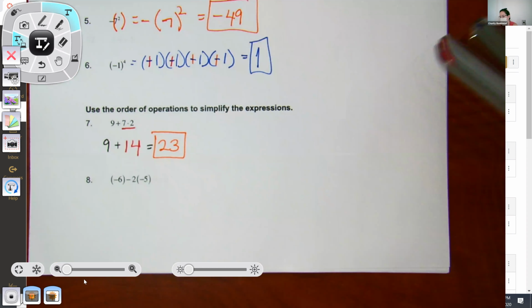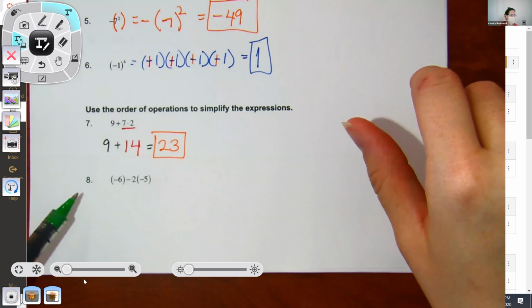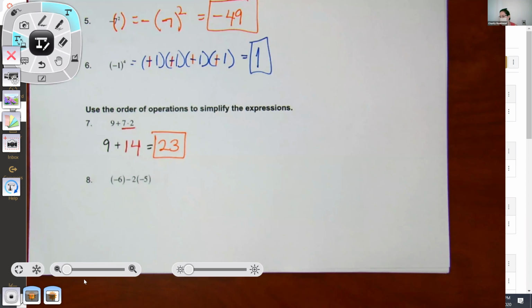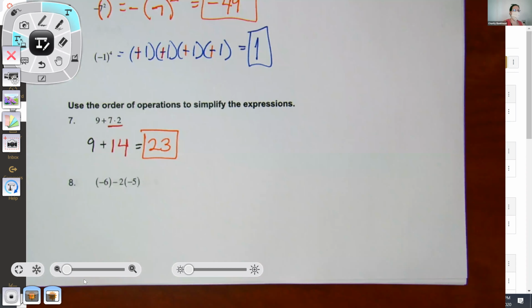All right. So on number 8, a lot of people get confused about parentheses. When you think of PEMDAS and it says you need to do parentheses first, that means if there are some operations on the inside of the parentheses that you need to actually do, then you would need to do that.